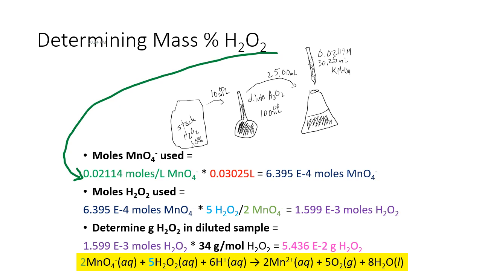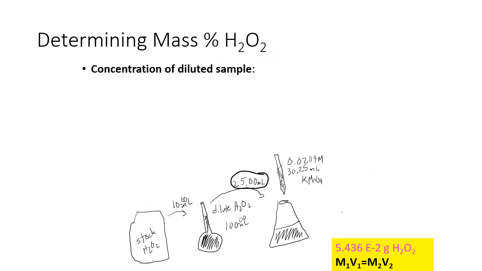So we have 5.436 times 10 to the negative 2nd grams of H2O2 in 25 milliliters of that sample, because we titrated 25 mils. Okay, so we're going to take the mass of the peroxide, divide it by the milliliters of peroxide, and we're going to find the concentration of that peroxide. So that's 2.174 times 10 to the negative 3rd grams per milliliter peroxide in the dilute solution.